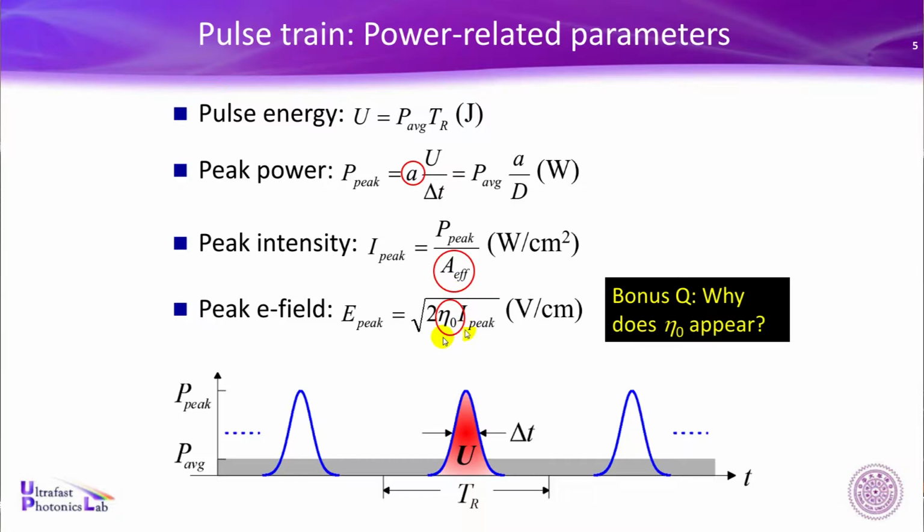So roughly speaking, E cross H can be translated to E cross E over this one. So you have E squared. That's why you have a square root here, and that's why you have a wave impedance here. So it comes from the Poynting theory. Excellent. Okay. Good.